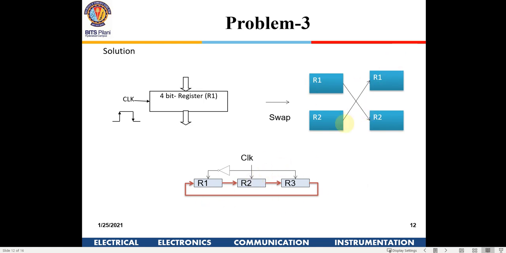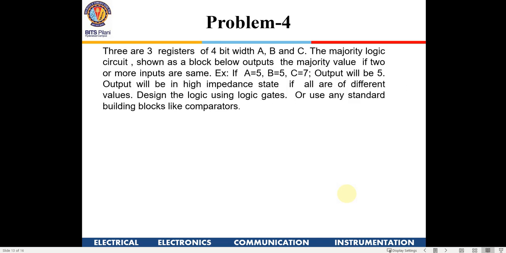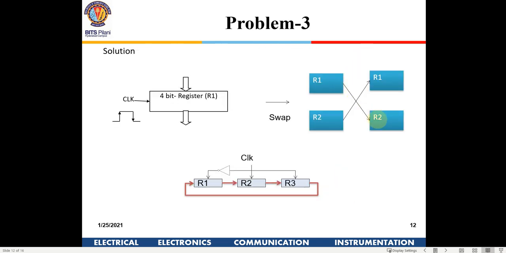Whenever we swap the data using a single clock, we require an additional temporary register to store the data. In microprocessor programming also, when we write a program, you can expect it will require 2 clock cycles. In a single command you cannot swap and interchange A and B, so that kind of command will not be available in the microprocessor.